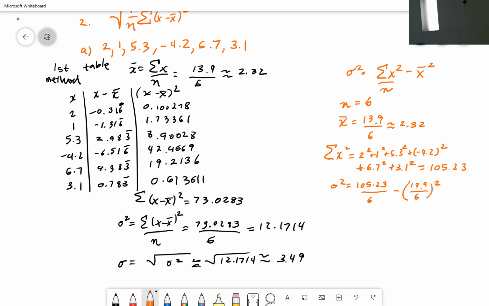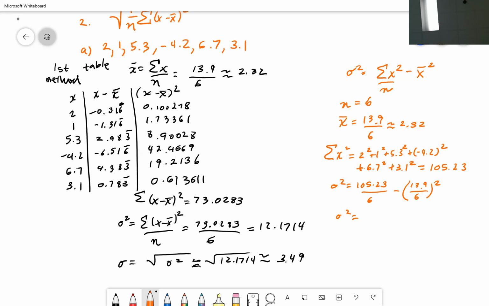So I'm going to go ahead and get my number for that. I'm going to take parentheses 105.23 divided by 6, close the parentheses, minus parentheses 13.9 divided by 6, but I'm going to go ahead and square this.